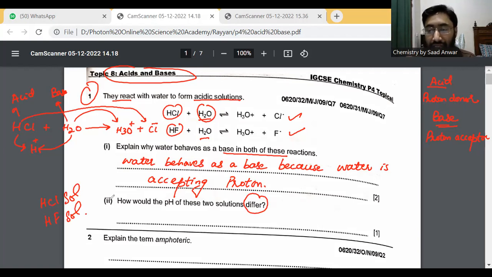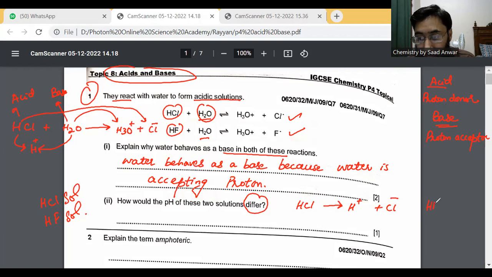The pH of HCl is quite low, because HCl easily donates proton. So it means HCl is a strong acid, and a strong acid always has low pH value. Remember guys, a strong acid always has low pH.